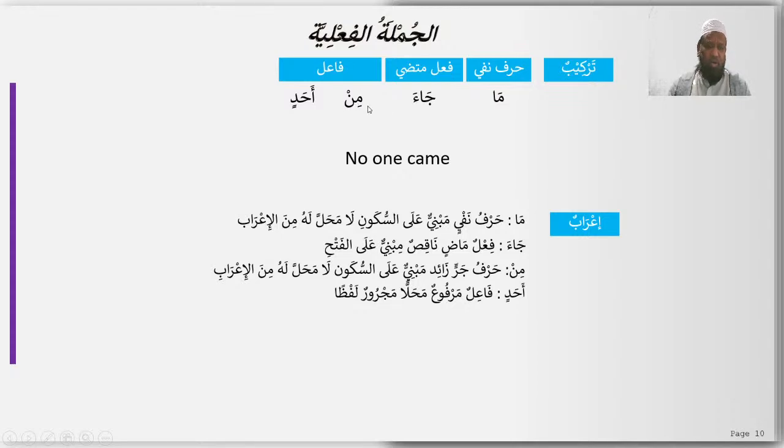Harf jar will do its amal on the next word and take it into jar case, but the mahal is the fa'il. So here we say fa'ilun, and fa'il is always marfu'. Marfu'un mahallan, the slot is marfu', but the word is majroor lafzan. Lafzan means you can utter it, ahadin, you can see it is visible.